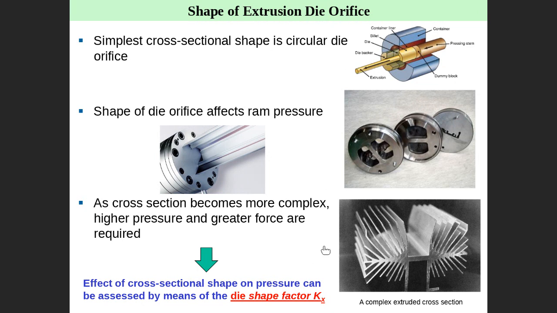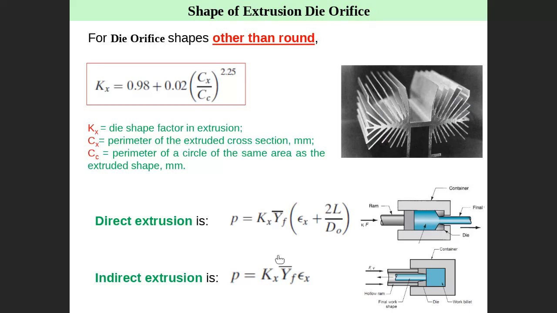The equations that we described earlier were for only circular shape, circular cross section. But whenever it is different from a circular cross section, to be more complicated, then the equation described earlier must be modified.